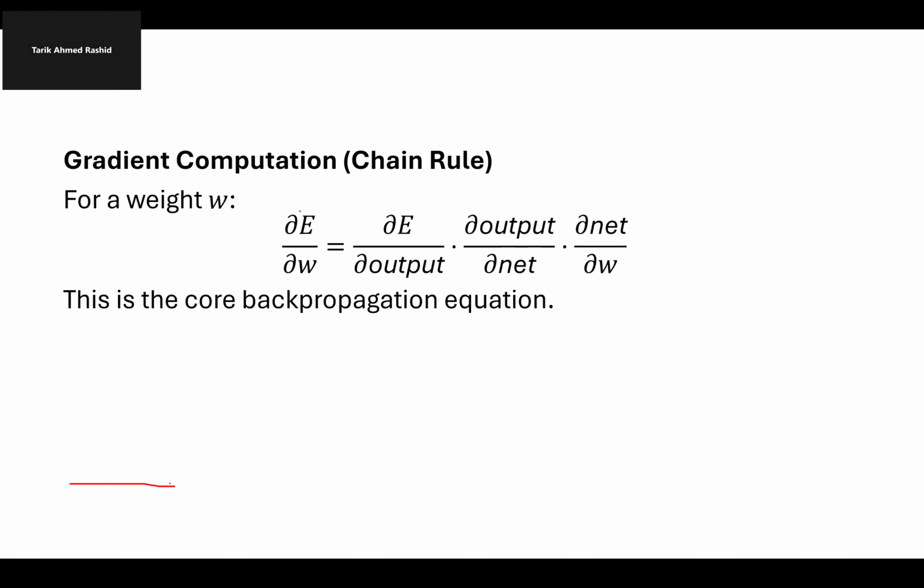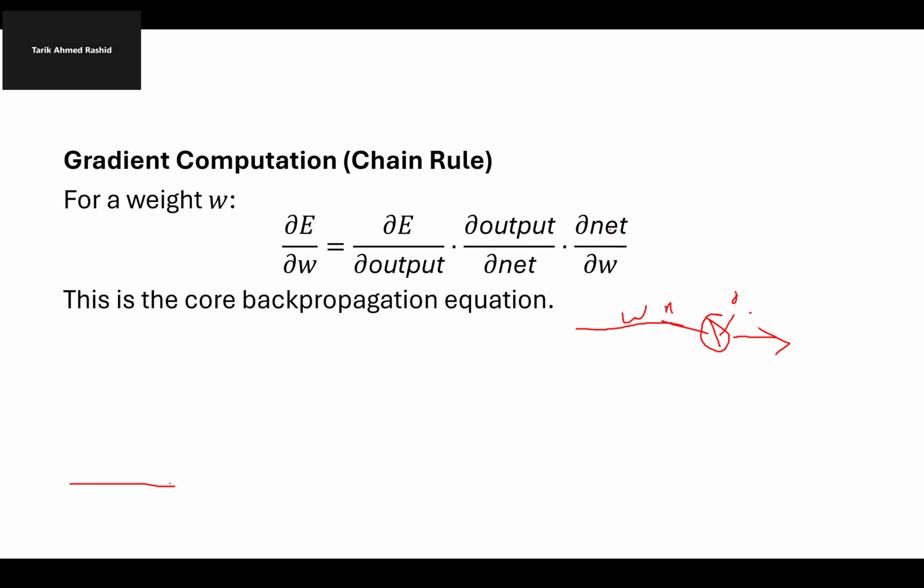Here, ∂E/∂W, the partial derivative of error with regards to the weight connection, equals the partial derivative of E with regards to output, times the partial derivative of output with regards to net, times the partial derivative of net with regards to W. If this is the output, here is out, and here is net, the error goes back, and that's the connection weight.